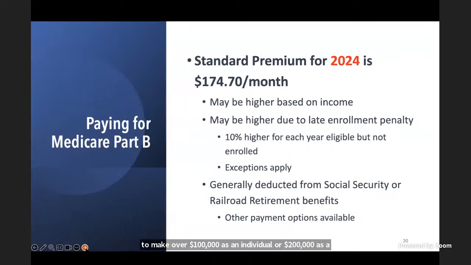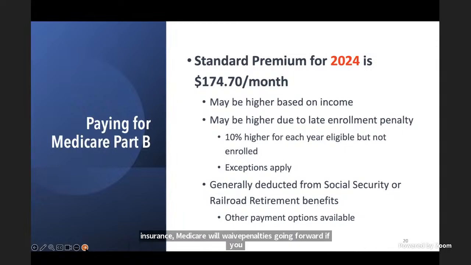So keep in mind that that's a base level figure. There are exceptions to that penalty. So let's say I'm 65 and I enroll in Medicare Part A, but my company says, no, no, you don't need Part B. You can stay on our insurance. Medicare will waive penalties going forward if you're able to show that you have creditable coverage.